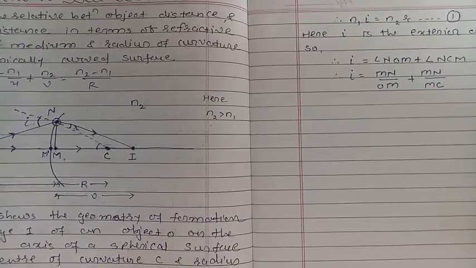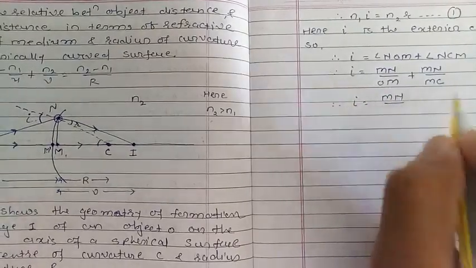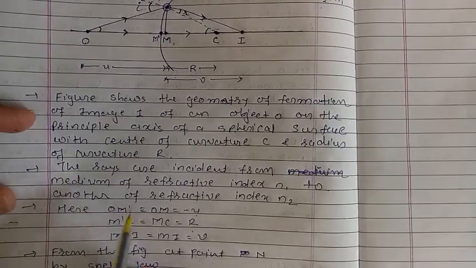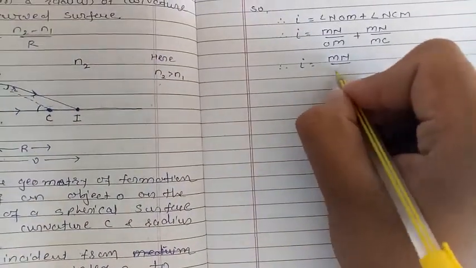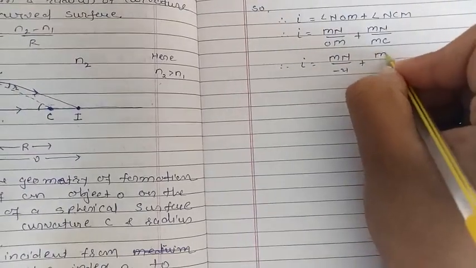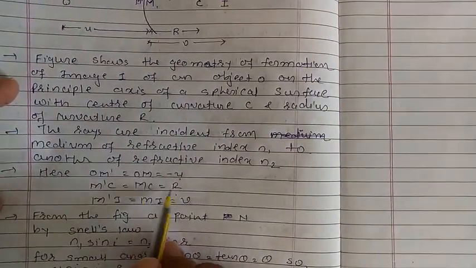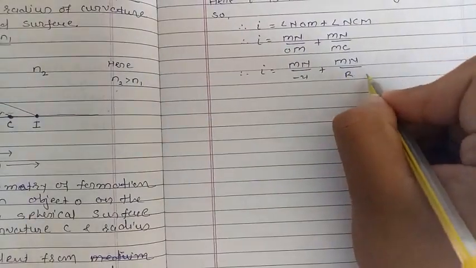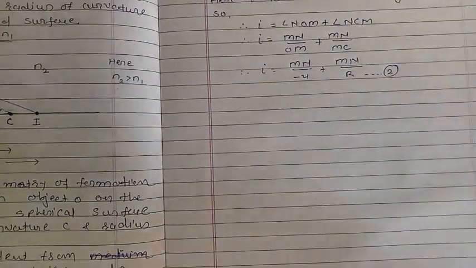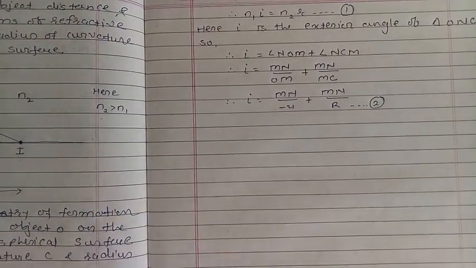We know the value of I is equal to MN upon OM, where OM is equal to minus U. So I is equal to MN upon minus U plus MN upon MC. We know the value of MC is equal to R. So this is our equation number 2. So we find the value of I. Now we have to find out the value of R.